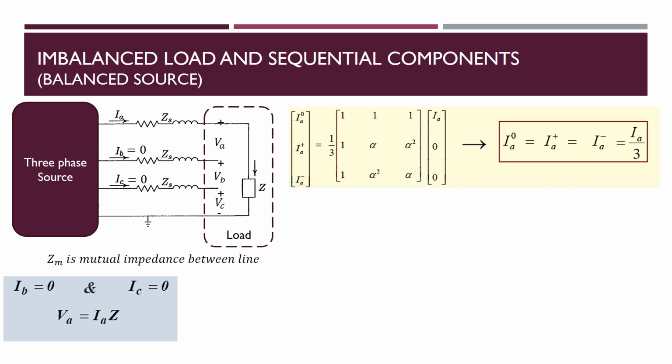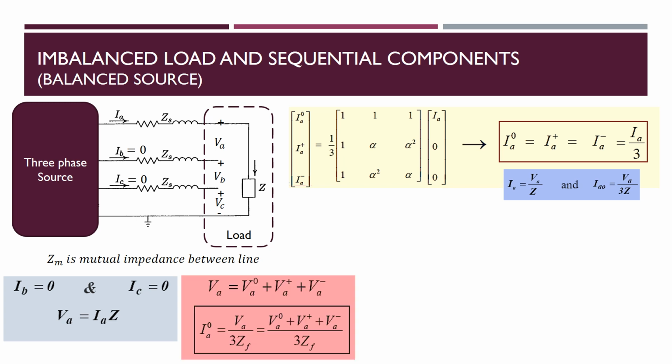From that equation you can determine the sequence components. IA0 is equal to IA plus and IA minus, all equal to IA by 3. The sequence components are 1/3 of the phase current IA. You know that IA is equal to VA over Z, then IA0 is equal to VA over 3Z.